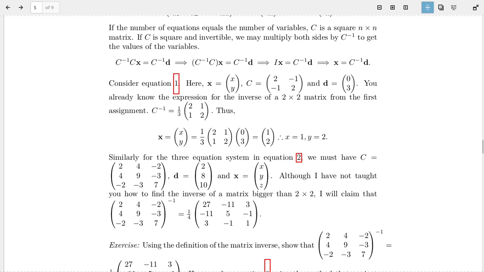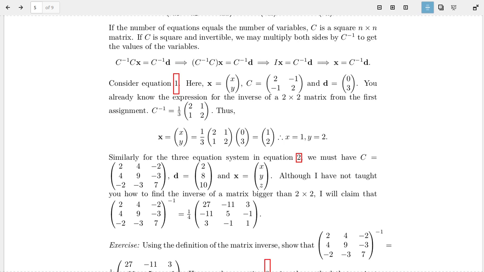Your vector x is, of course, x, y, and z. More typically, you write these as x1, x2, and x3. And on the right-hand side, you have D, which is 2, 8, 10.